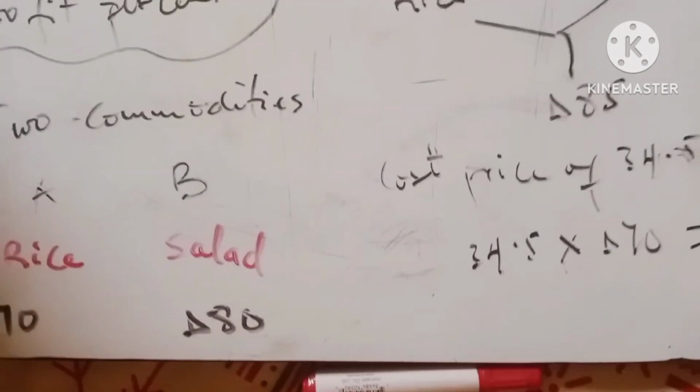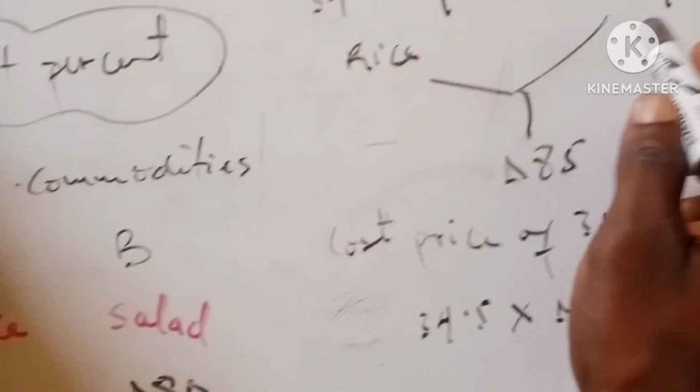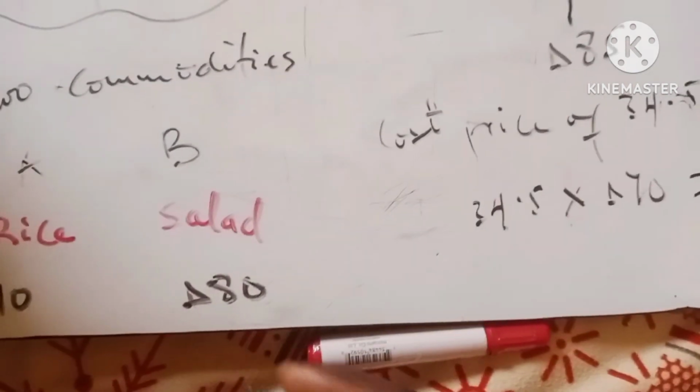And then for the second one, the same thing. You are going for 26 kilograms, so how much does it cost? That is 80.